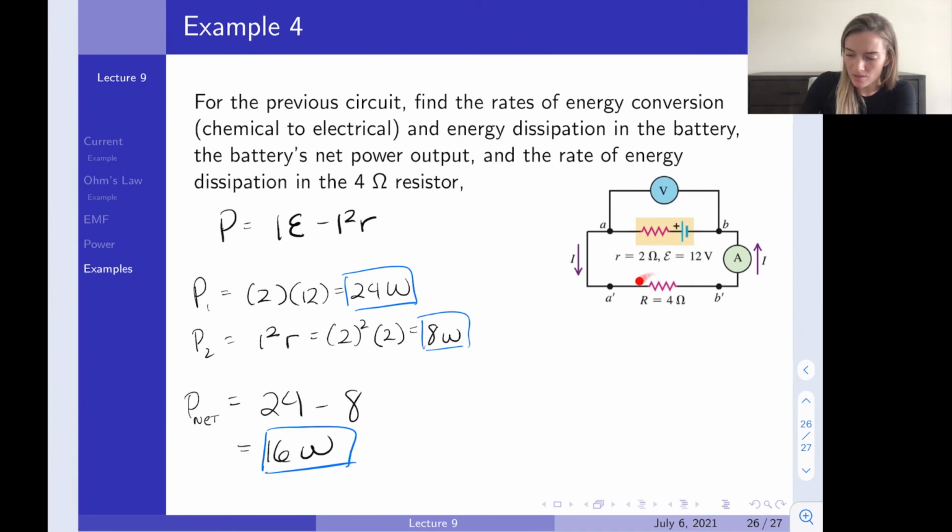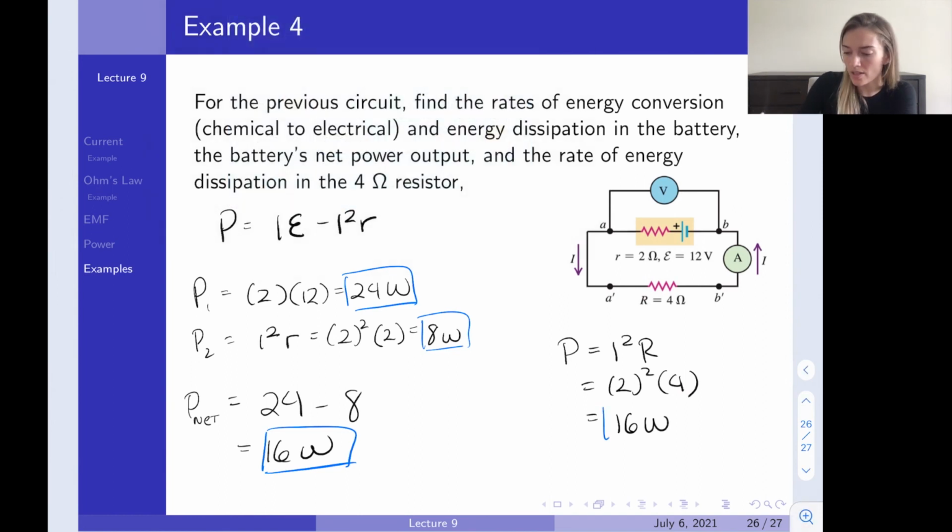In this resistor, we can use one of our equations for power through a circuit element, P equals I squared times R. Here, the current through our resistor is 2 amps, so it's 2 squared times the resistance of the resistor, which is 4 ohms. So this gives us 2 times 2, which is 4, times 4, which is 16. So we've got 16 watts.